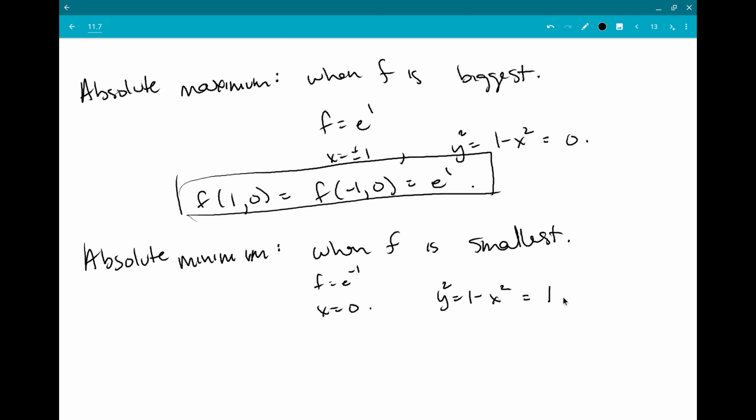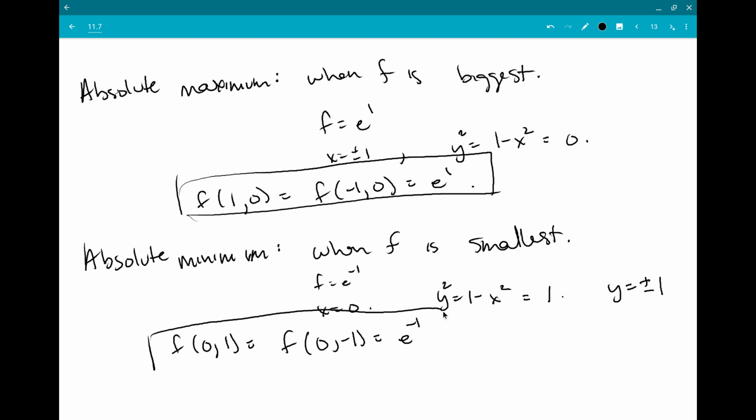So that's going to be 1. So that means y is equal to plus or minus 1, because y squared is equal to 1. So f of 0 comma 1 is the same as f of 0 comma minus 1, which gives me e to the minus 1. And that's my absolute minimum.